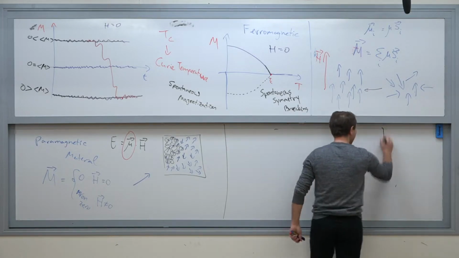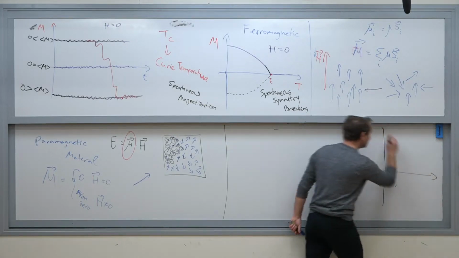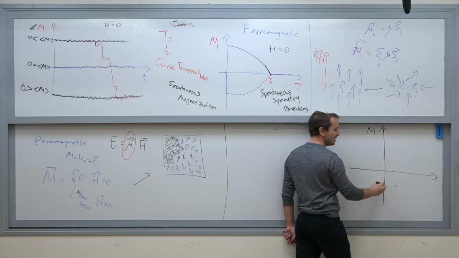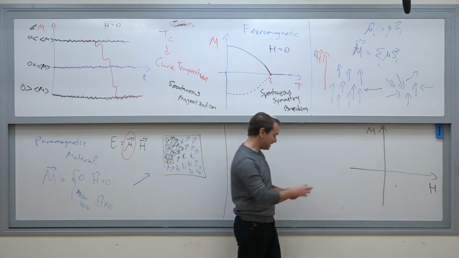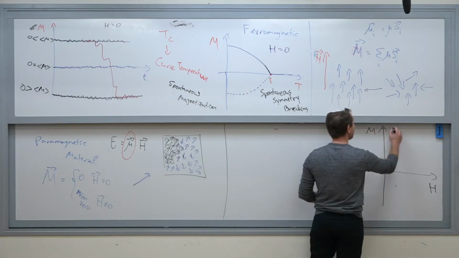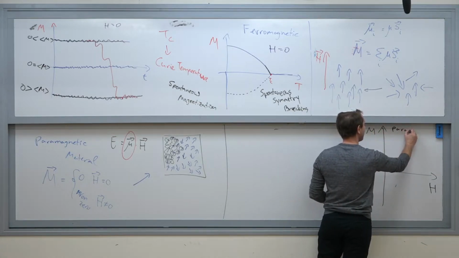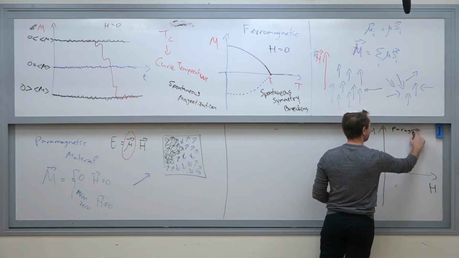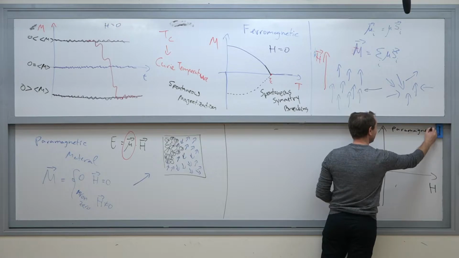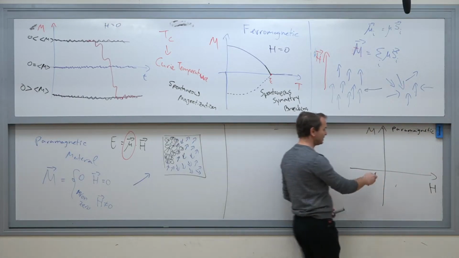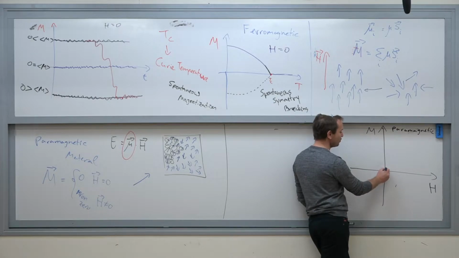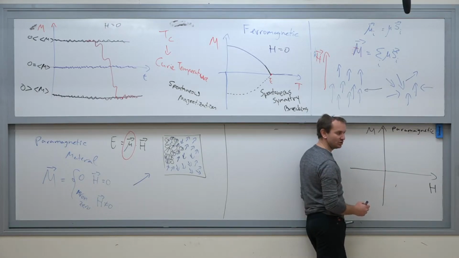So I can measure M as a function of H. And I'm saying I'm in a paramagnetic phase. What happens here? I'm starting from H equals 0, magnetization is 0.